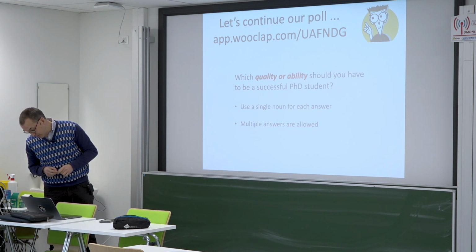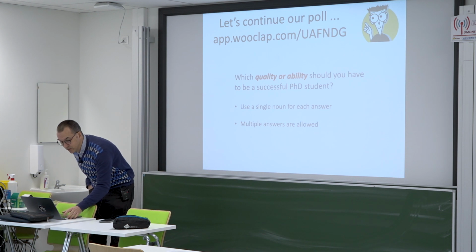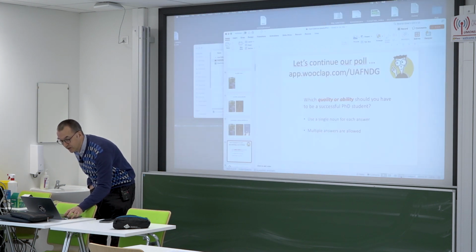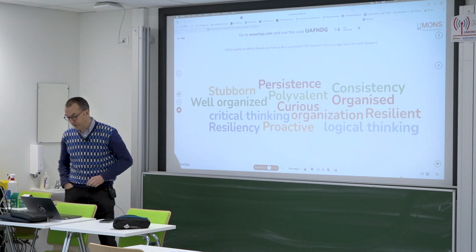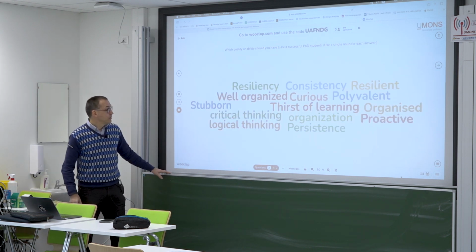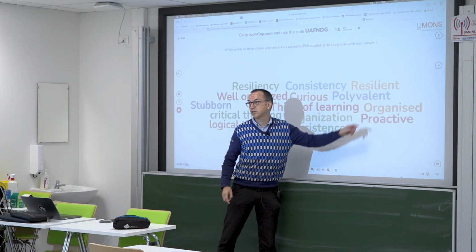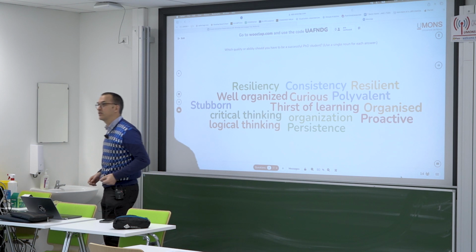Okay, we start seeing some answers. I will do it with a word cloud, because there might be a lot of variation in the types of things you see. Because you don't always use the same word: you have organized, organization, organized. So it's normal that we see the same words appearing.